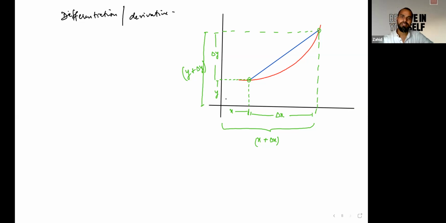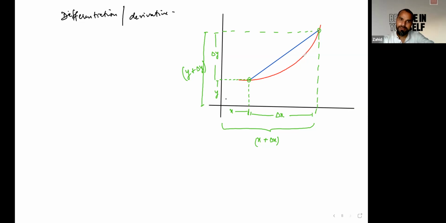Here we have joined two different points on the curve with a line. We wish to bring this point closer and closer to the original point so that this line acts as a tangent to the curve. Since a tangent touches the curve at a single point, it defines the slope, or rate of change, of the curve at any given instant.